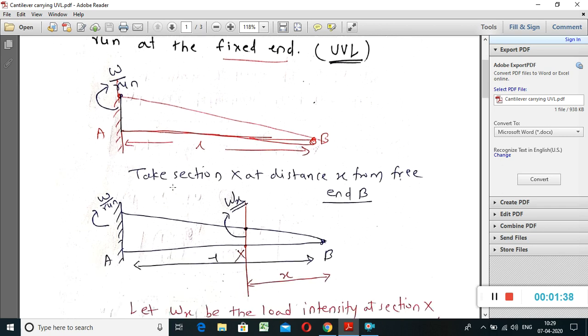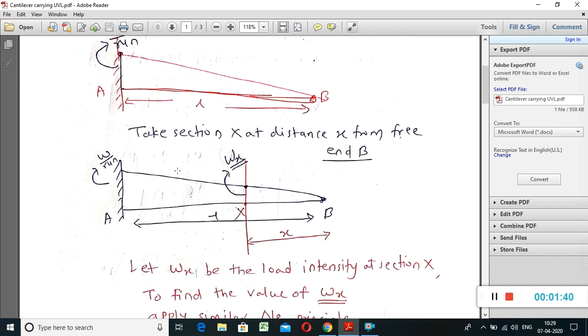Okay, the first step is always to take a section and the load on one of the parts, either right or left. In case of triangles, we always take a section X at a distance small x from the free end. Why from the free end? Because on the right part a small triangle is formed, and on the left part a trapezium is formed.